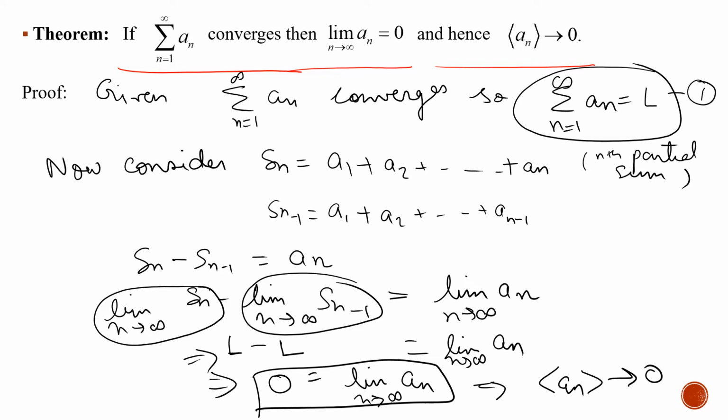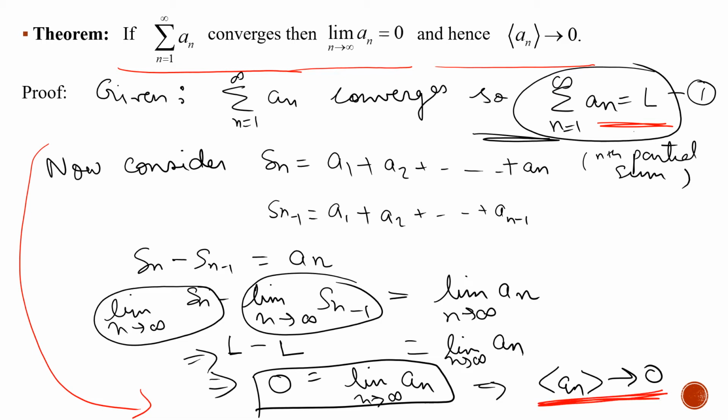So you started with a convergent series converging towards the value L, and following the steps you have proved that the sequence is going towards 0.